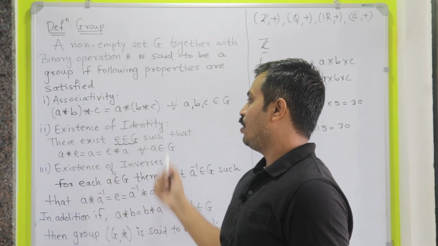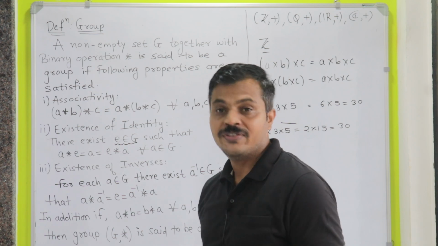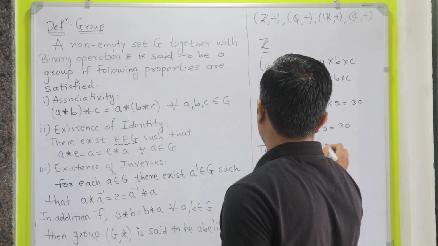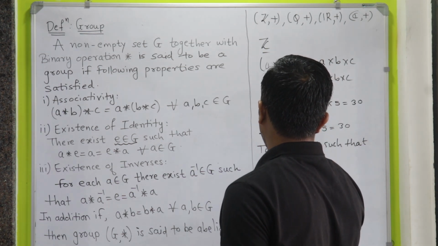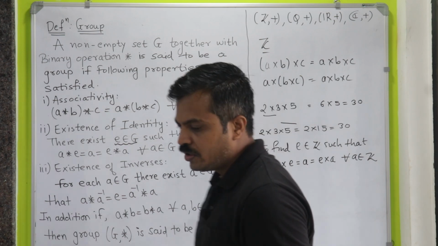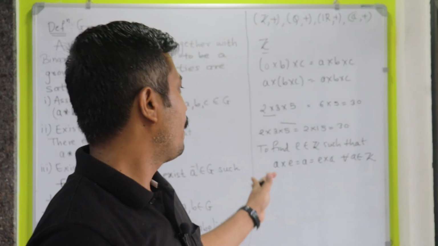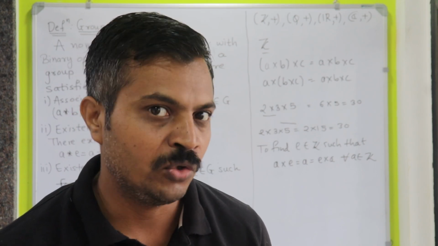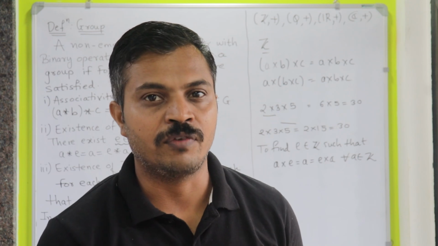There should exist E belongs to G such that A star E should be A. But our star is multiplication, our G is Z. So, we have to find E belongs to Z such that A into E should be equal to A, which is equal to E into A for all A belongs to Z. Can you guess such an element E? In a particular case, if we have 5, 5 multiplied by what is equal to 5?